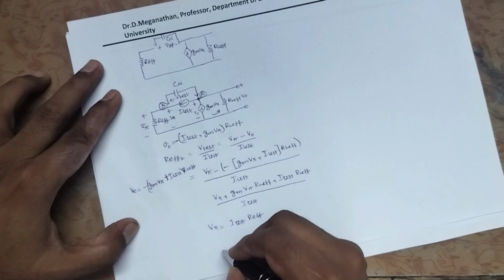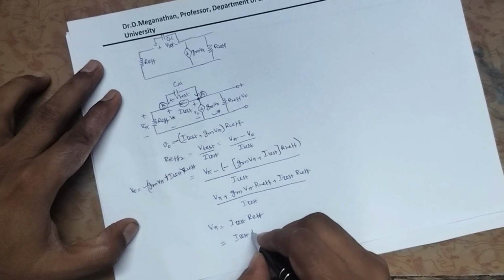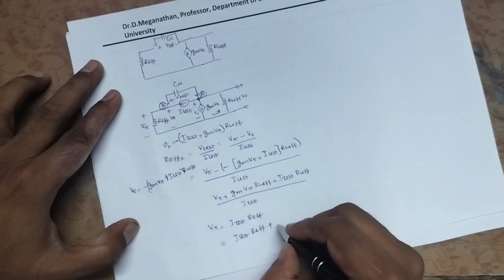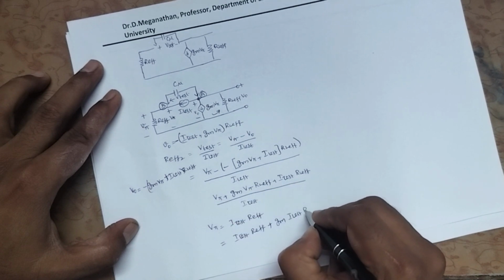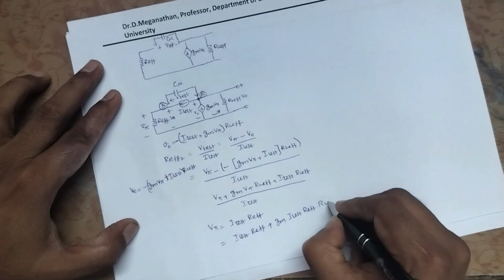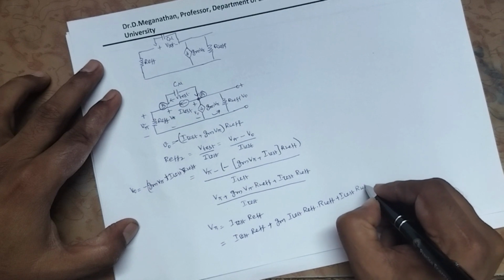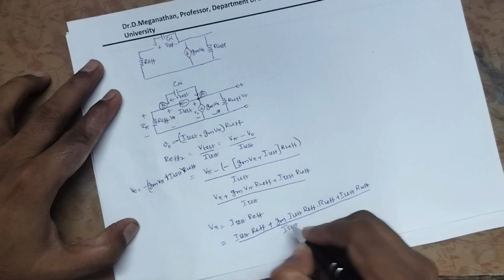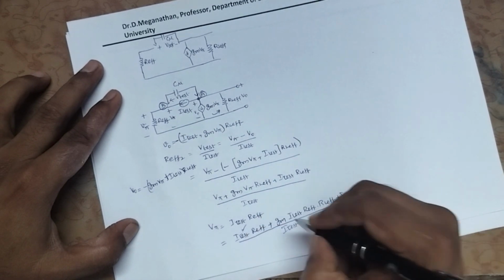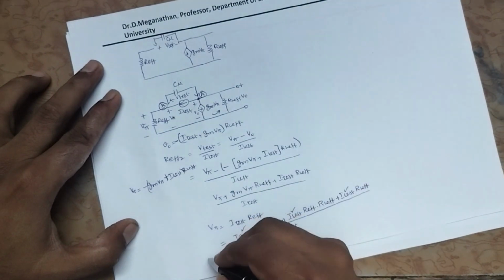Okay, so now the equation becomes I test into R effective, plus Gm V pi, which is Gm into I test into R effective, into RL effective, plus I test into RL effective, everything divided by I test. Now in the numerator, I test is common. We can take that I test outside.